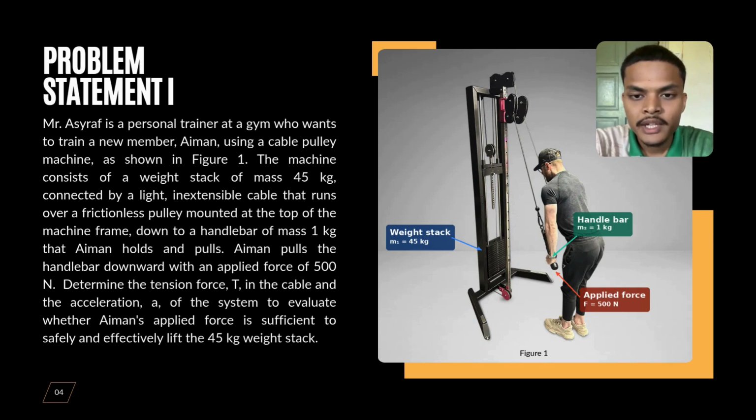Aiman pulls the handlebar downward with an applied force of 500 Newton. Determine the tension force T in the cable and the acceleration A of the system to evaluate whether Aiman's applied force is sufficient to safely and effectively lift the 45 kg weight stack.